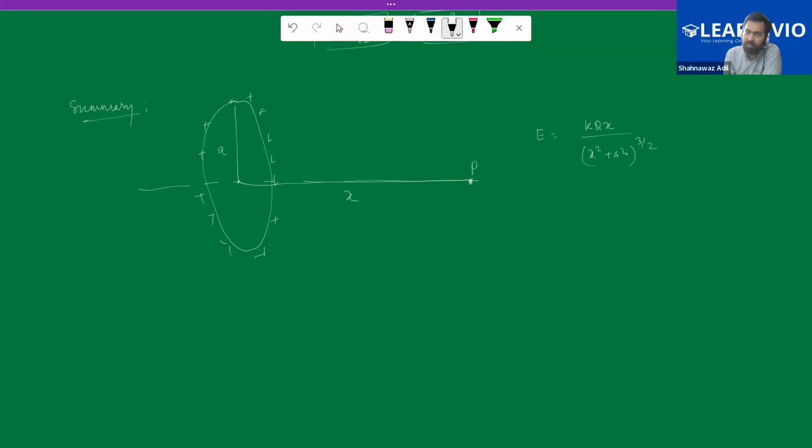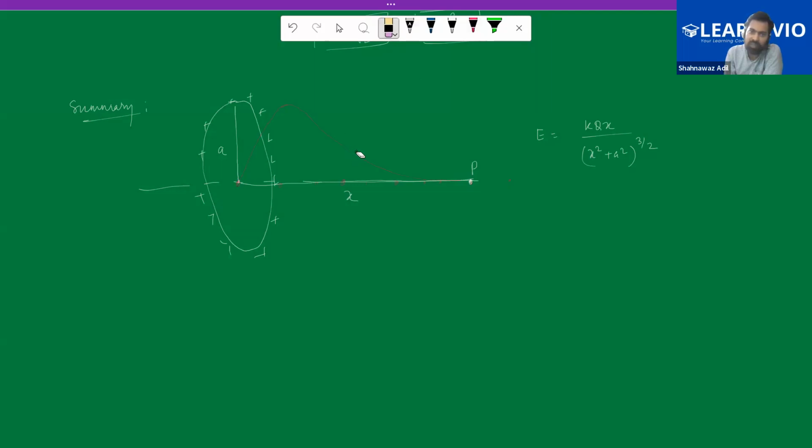Which means that this point can be here, here, or here, everywhere. So this point is a variable. From the graph, we see that the field will increase, go to some maximum value, and then start decreasing.